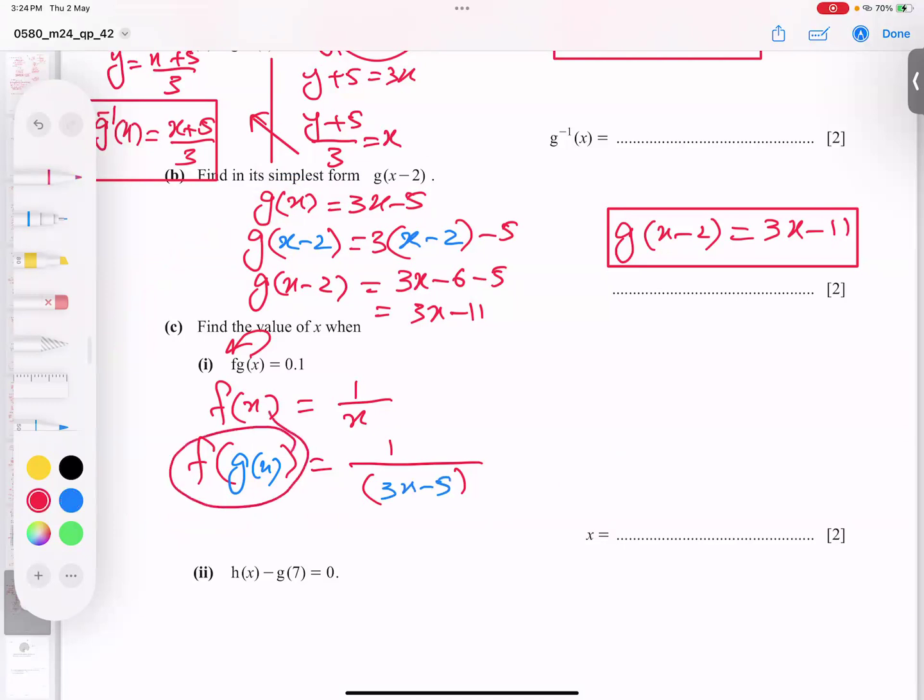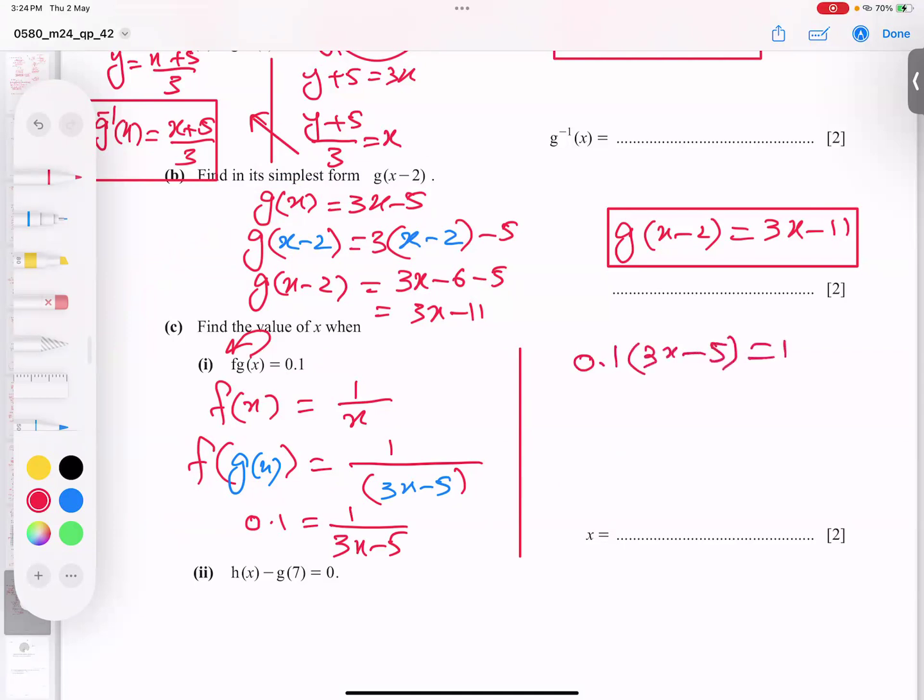But the whole thing is equal to 0.1. So I will copy here 0.1. Now, students, 0.1 will disturb you, and normally students use 0.1 as it is. Or you can do 0.1 times this, cross multiply. I can multiply inside, no doubt, but I will make it easy. I will bring this to the other side.